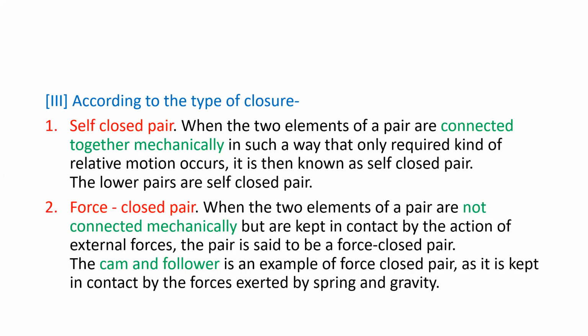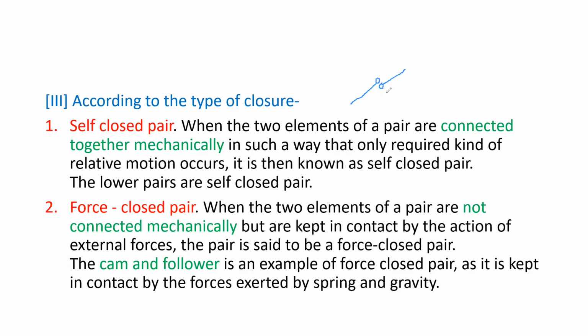How will you do that? What do you mean by mechanical connection? Say suppose it is one link like this, and it is another link, and suppose I want to connect it at this point.